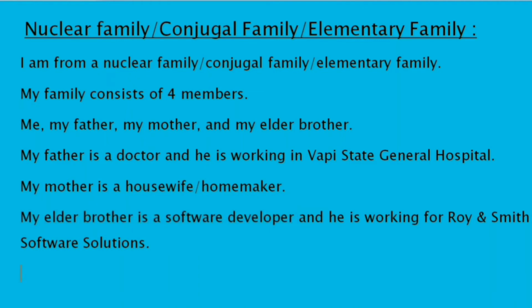And at last, you mention your brother's profession. An example is given: my elder brother is a software developer and is working for Roy and Smith Software Solution. So this is the way you should describe a nuclear family, or conjugal family, or elementary family.